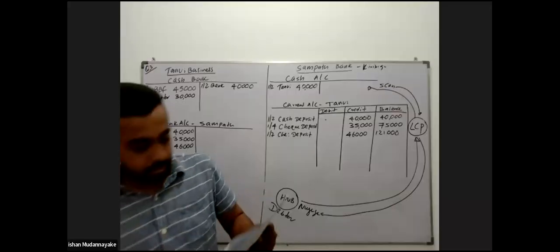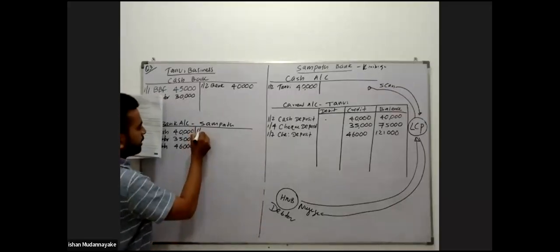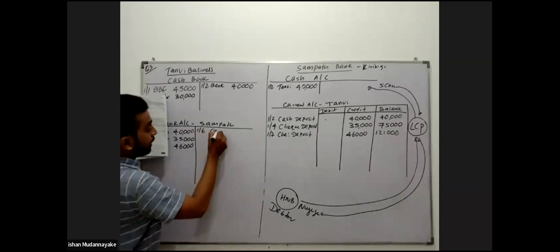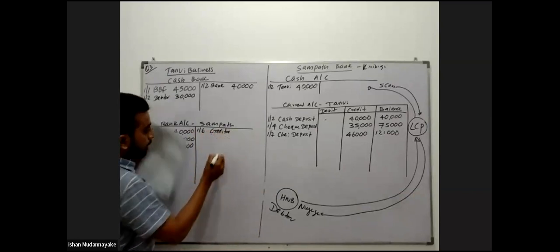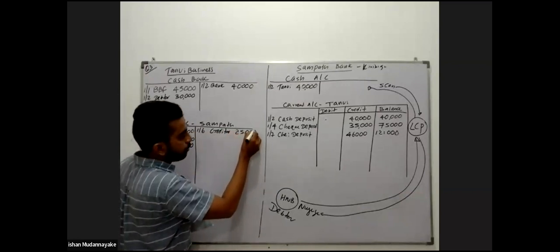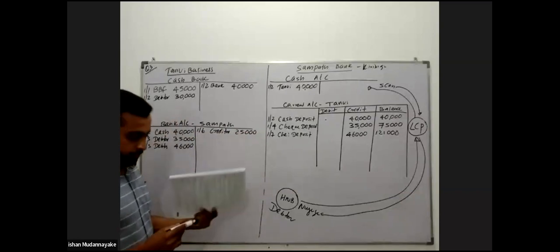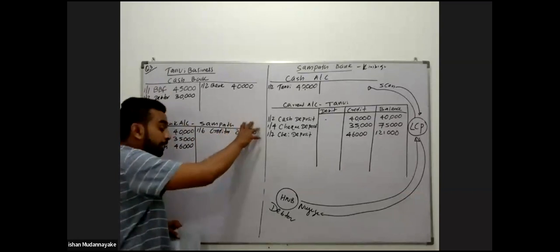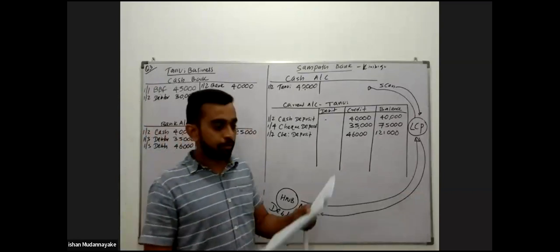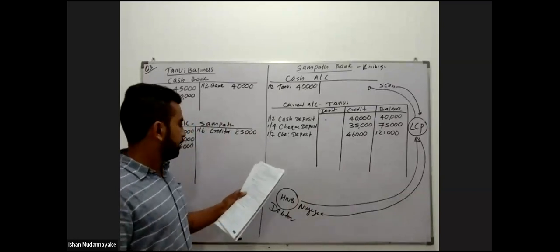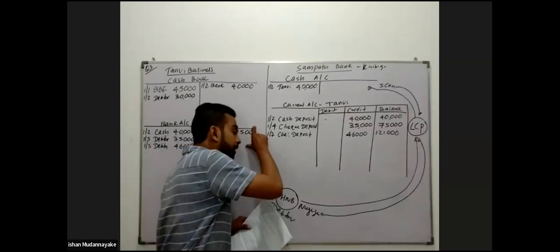Then on 6th January, bank account credit, pay supplier, bank account credit, creditor, 25,000. Creditor account debit. But the presented date is 9 January, which means the cash paid date by the Sampath Bank is 9 January.